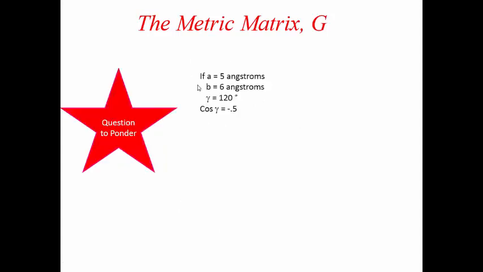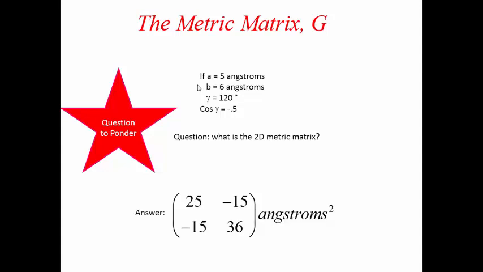Now let's see if we can put numbers on the G matrix. Every crystal has a different G matrix because it has a different set of lattice parameters. So here we have a dot a would be 5 squared, which is 25, and then 6 squared would be this term here, which is 36, and this term is ab cosine gamma.